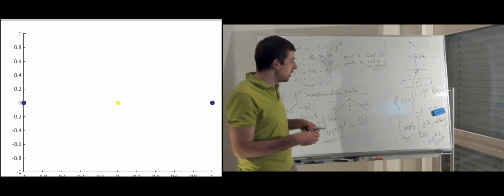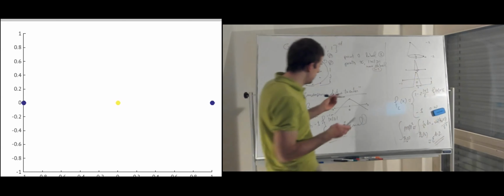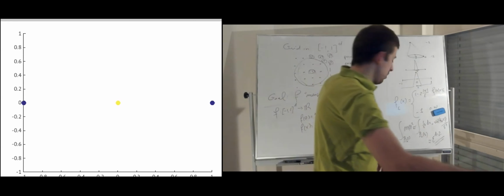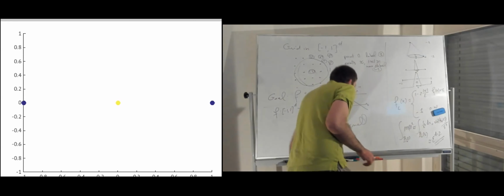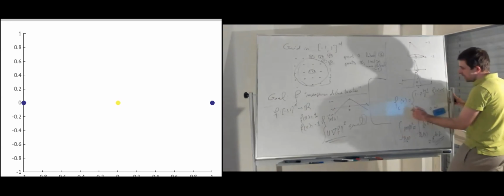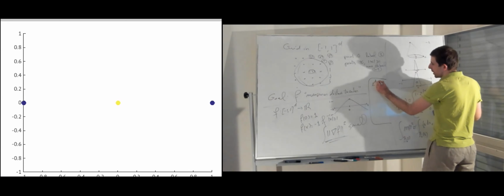So in particular, there is a problem there. This gives something like epsilon to the d minus 2.